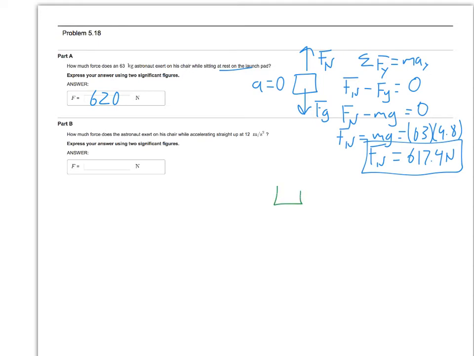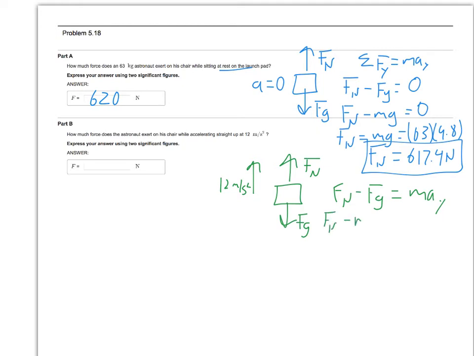In the second situation, we have the same basic setup. The only difference here is that now we're accelerating up at 12 meters per second squared. So when I set up my F equals ma, it's going to be Fn minus Fg, but now it's not going to be equal to 0. It's going to be equal to that y acceleration of the astronaut. And so I'm going to plug in the things I know here. Once again, this is going to be mg, equal to ma.